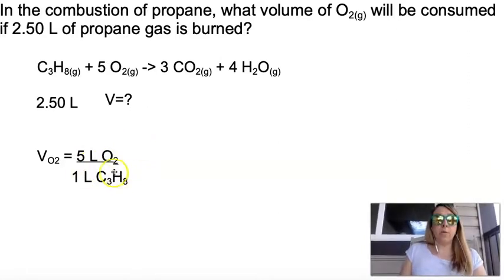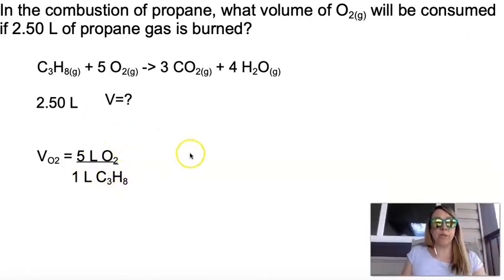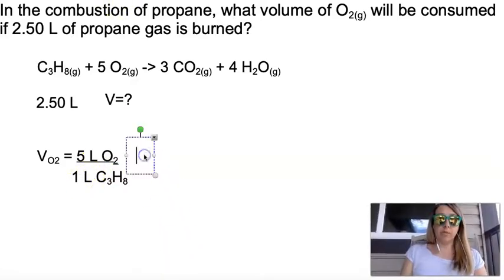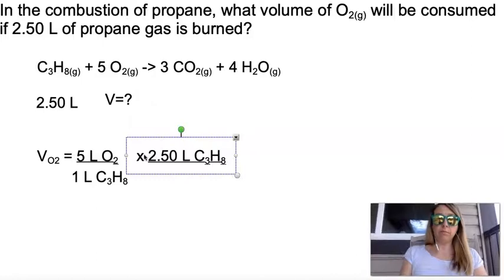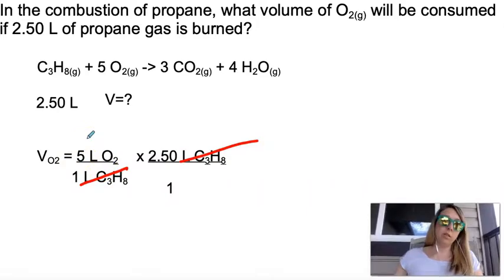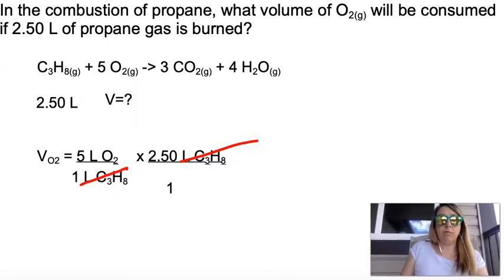We now need to get rid of liters of C3H8. To get rid of it, we're going to place that on the bottom, so we're going to do times 2.50 liters of propane on top, and we can just put a 1 there. Now we look at those units. We can get rid of liters of C3H8, and we're left with liters of oxygen. So we're literally just doing 5 times 2.5, so we get 12.5.